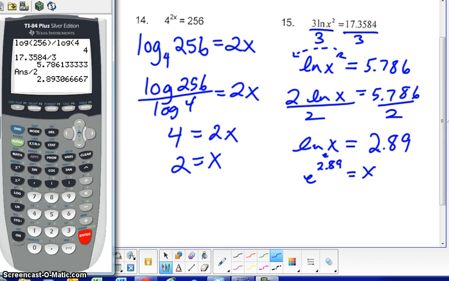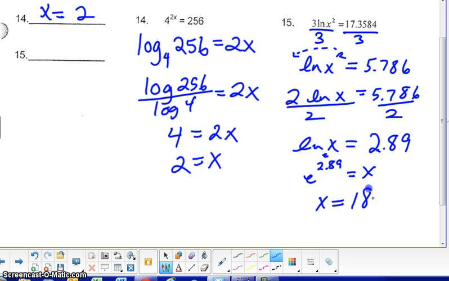And now back to the calculator one more time, because second ln will give you the exponent all ready to go. I'm going to do second answer, so I can use all the numbers from above, and push enter. And the final answer is 18.05. Okay, so that's what I would put in the answer blank.